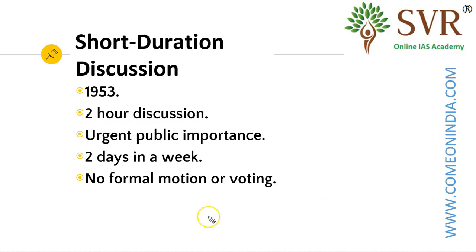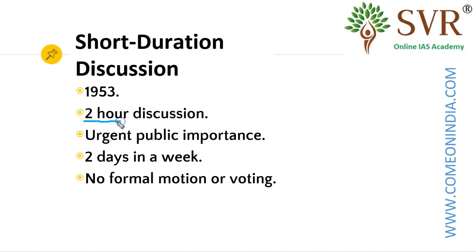After half an hour discussion, the next important parliamentary proceeding device is short duration discussion. This short duration discussion has been in existence in India since 1953 onwards. It is also known as the 2-hour discussion because the time period allotted for it in Parliament is 2 hours.